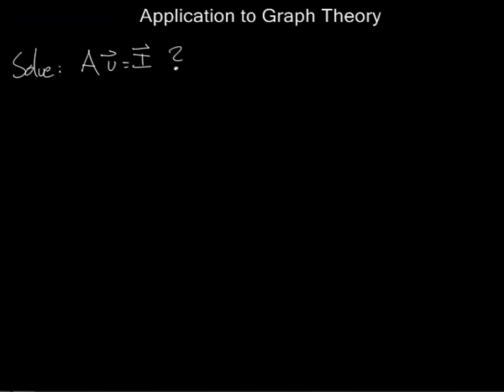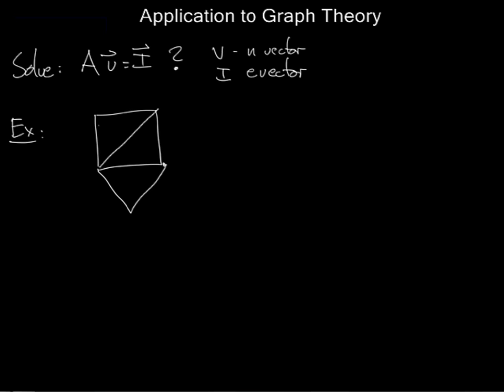In any event, let's go back to look at this equation that we're trying to solve. AV is equal to I. And again, we have an n vector and an e vector. Let's consider an example like this.